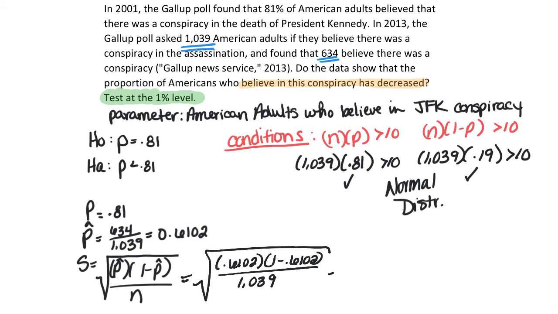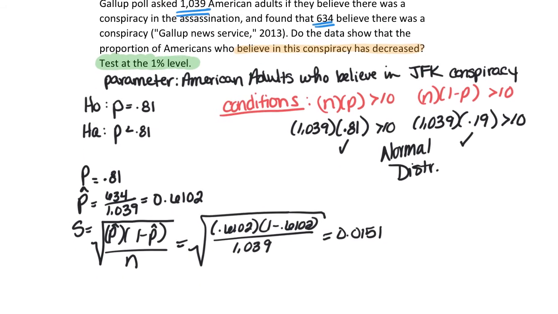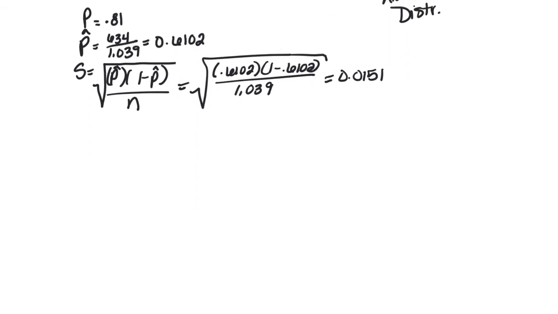And I'm going to put that in the calculator as is. I'm not going to try to simplify anything. I'm just going to type it in as is. And I get a standard deviation of 0.0151. So now that I have p hat and sample standard deviation, I have enough to calculate a z-score.